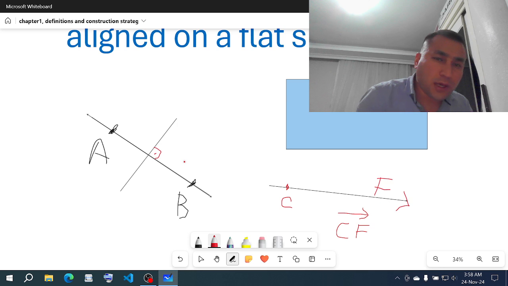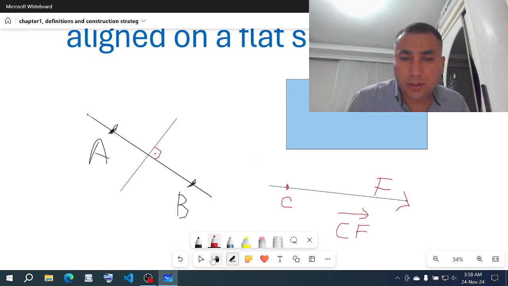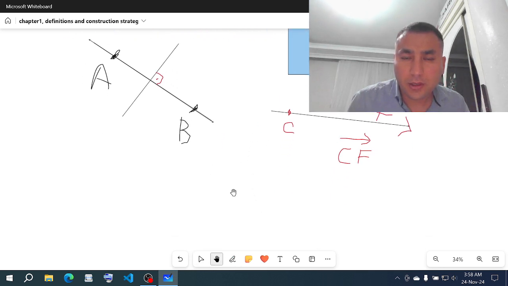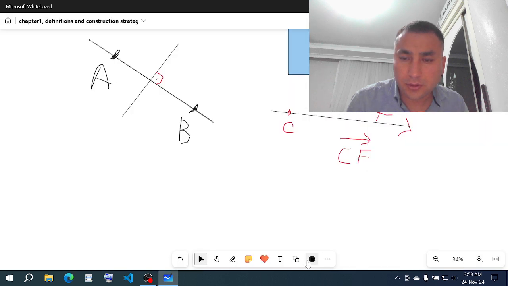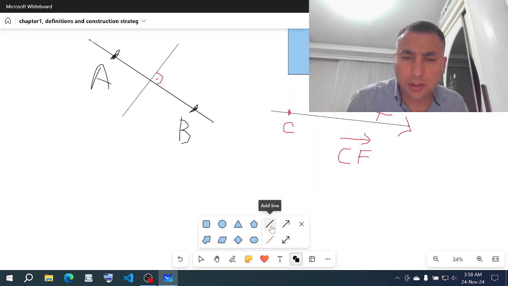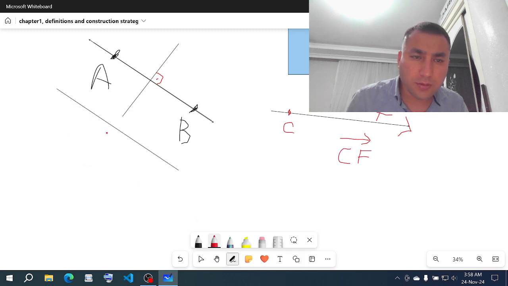And parallel lines never intersect each other. So two parallel lines, AB and let's give the other a name, MN.